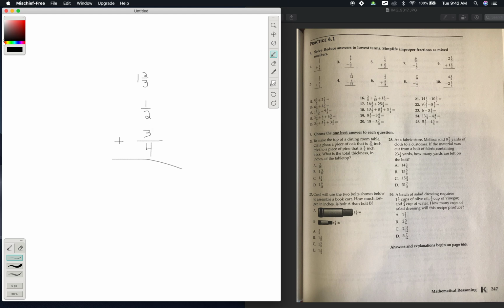Does 2 go into 12? Yes, it does, 6 times. Does 3 go into 12? Yes, it does, 4 times. So we know that 12 is a common denominator that we can use. Thank you, 12, for being there for us.